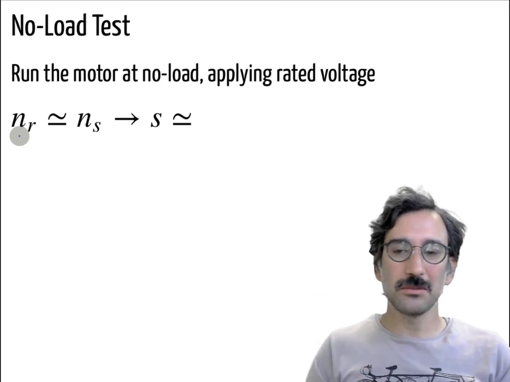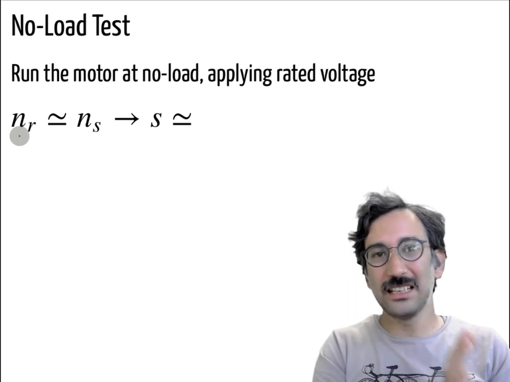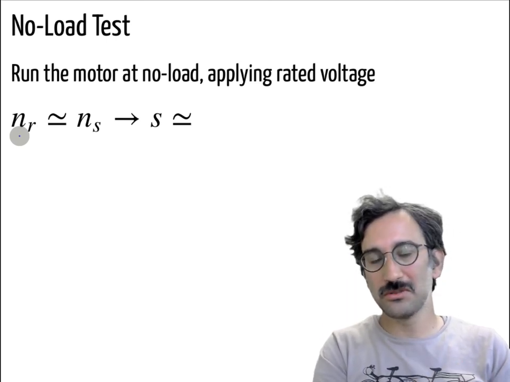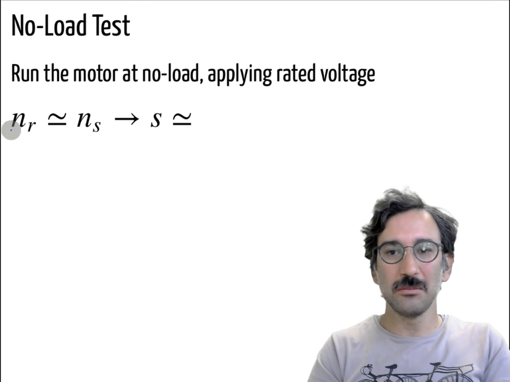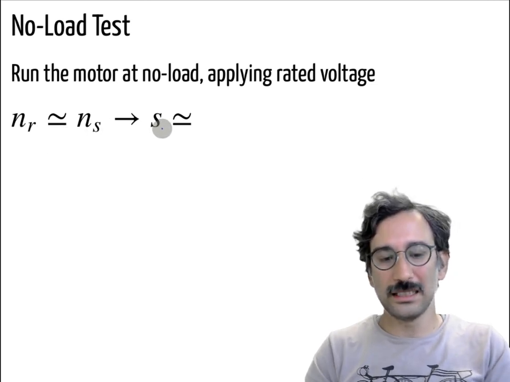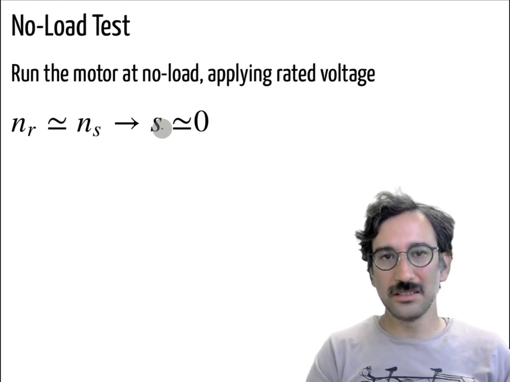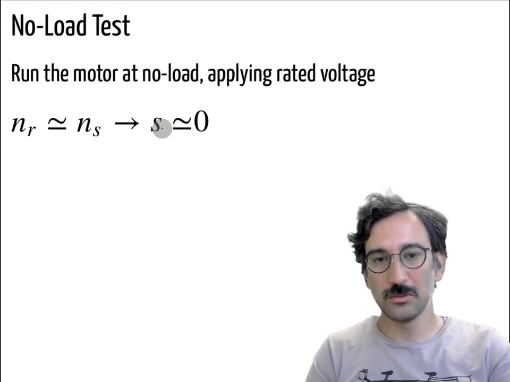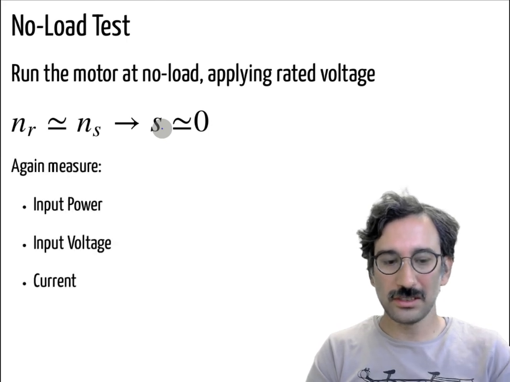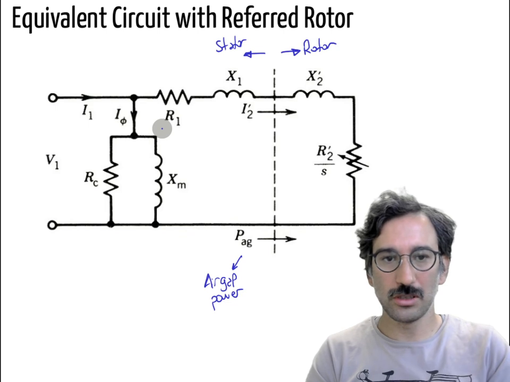Technically it cannot run ideally at synchronous speed because of some friction losses, but it can come really close to the synchronous speed, and in that condition we can assume the slip is zero.